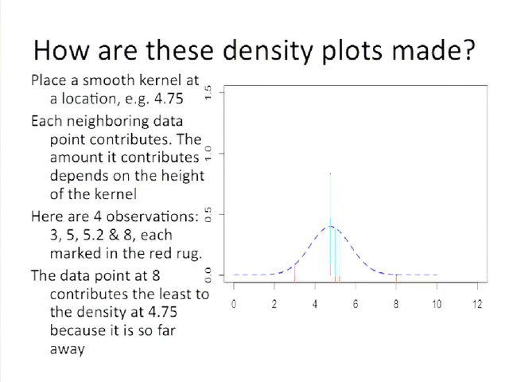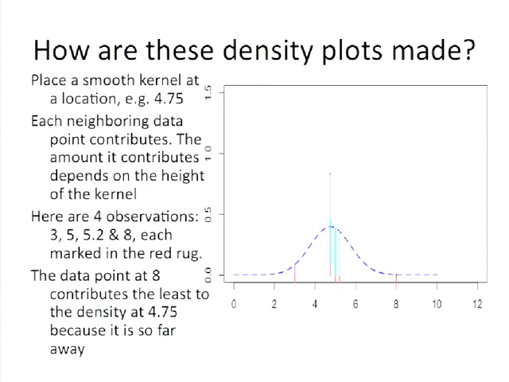What's going on with a smooth is it takes what's called a kernel function, and they can be different shapes. This one looks very normal. To come up with my estimate of the density at a particular point, 4.75, I put a little smooth kernel on top of 4.75. And what I do is I pull in the information from the neighboring observations.